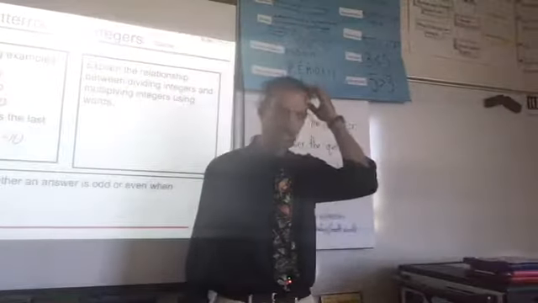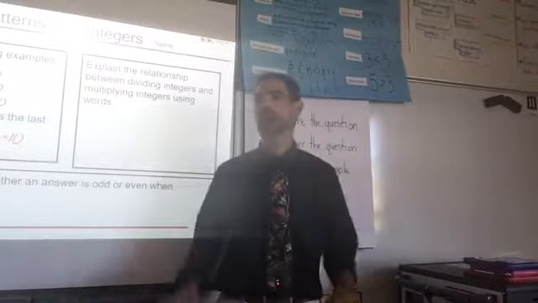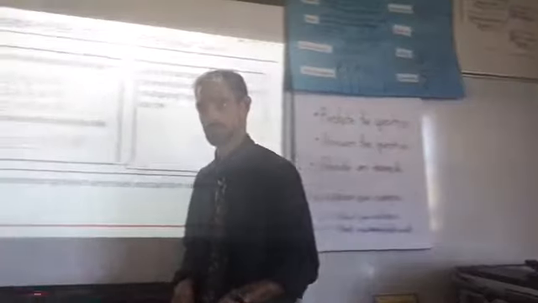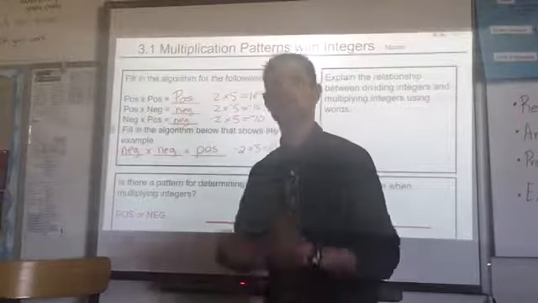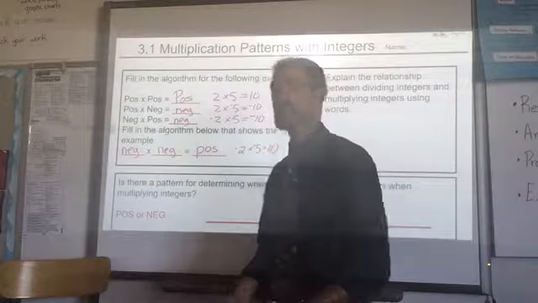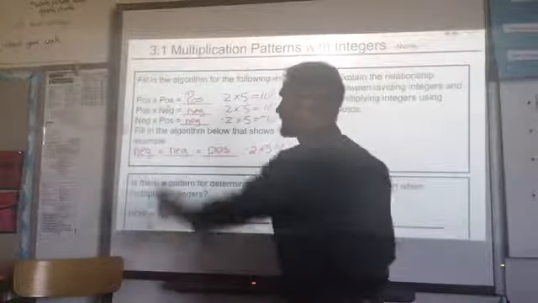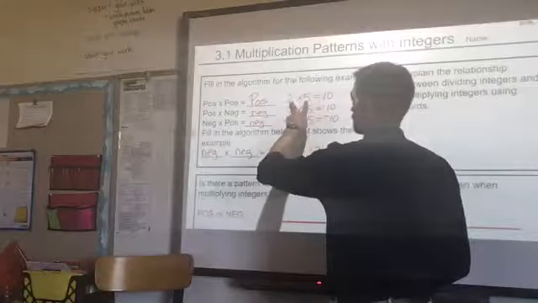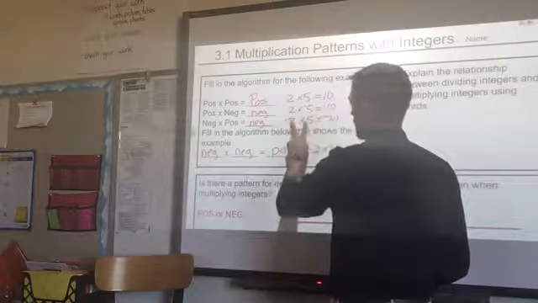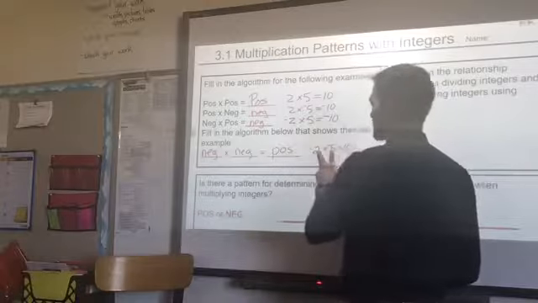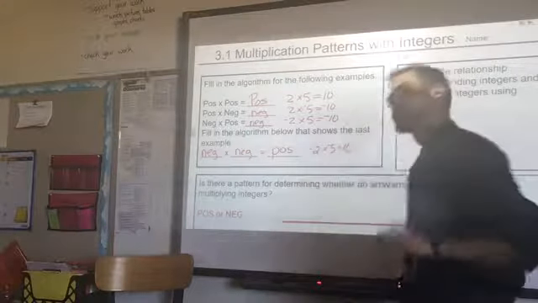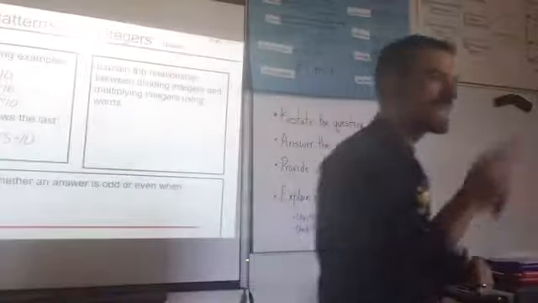Here's the thing you need to remember: if the signs are the same, it will be positive. If the signs are different, it will be negative. Signs are the same, positive. Signs are different, negative.